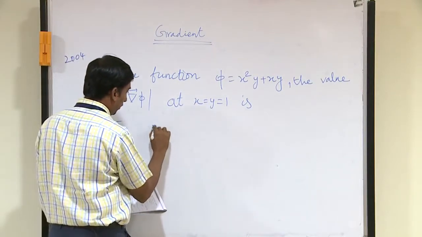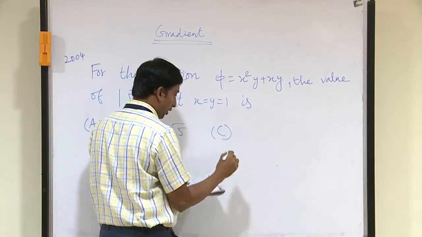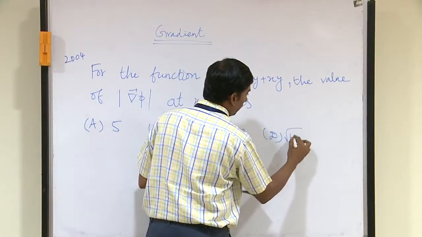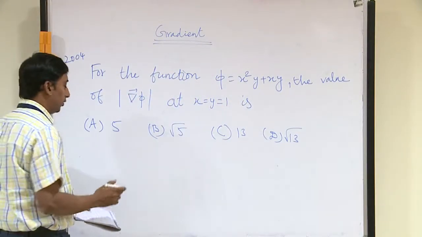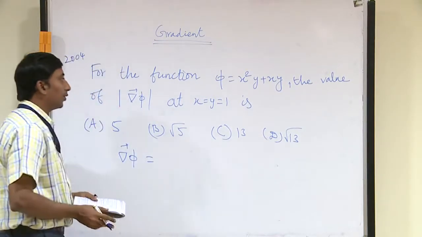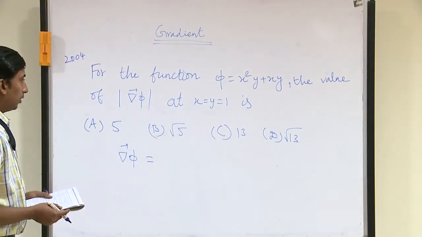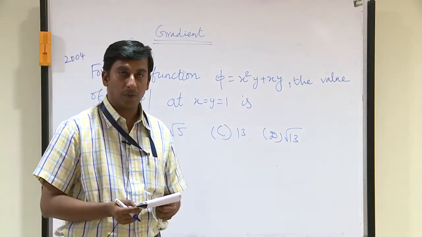The options are 5, square root of 5, 13, and 13 times square root of 13. So what do we need to evaluate at first? Gradient of phi. What is that equal to? What will you get?